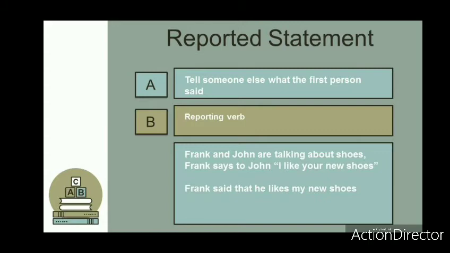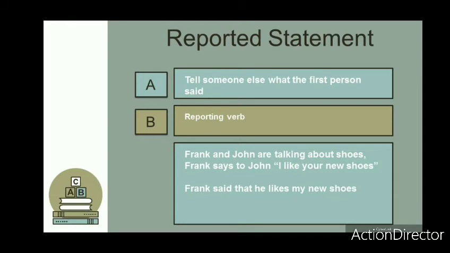To change this to a reported statement, we need to use that reporting verb and we need to change the tense of the sentence. Depending on the situation, we can say the reported statement in a lot of ways. But in this case, what we're going to do is: Frank said that he likes my new shoes.